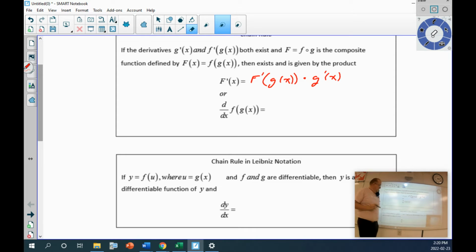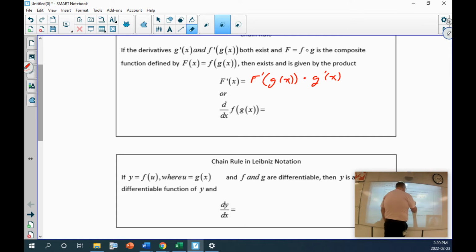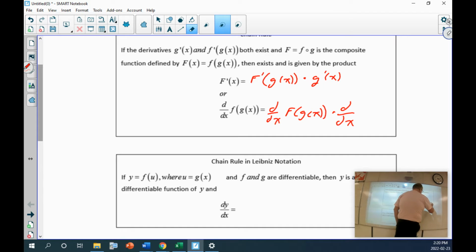Okay, using Leibniz notation, it's the derivative of f of g of x times the derivative of g of x. So we must take the derivative inside that.